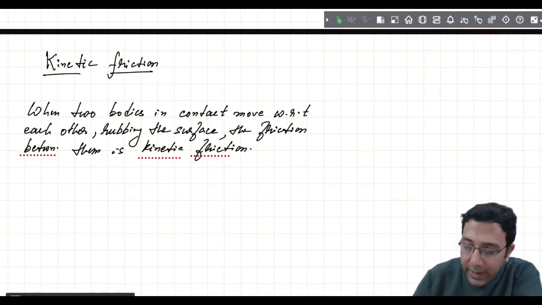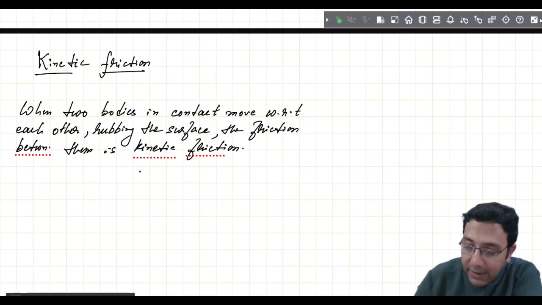Okay, so we can write kinetic friction is written as Fk, that is equal to mu k into n.